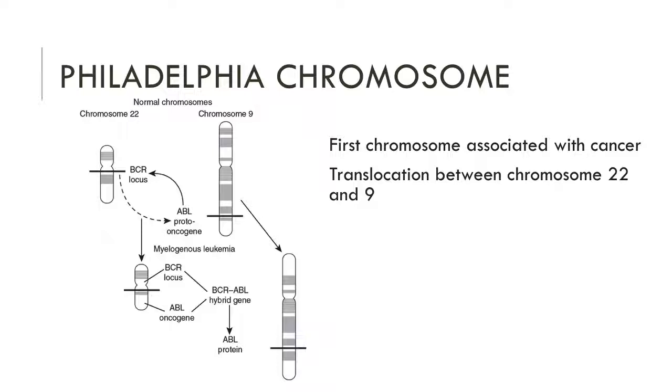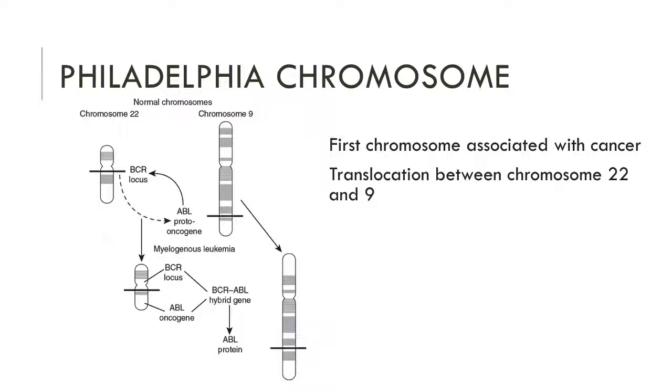Your book went into a lot of detail about this Philadelphia chromosome, and about this translocation, how it happens, and all this kind of stuff. But basically, what I want you to know about the Philadelphia chromosome is that it was the first chromosome associated with cancer that was discovered.